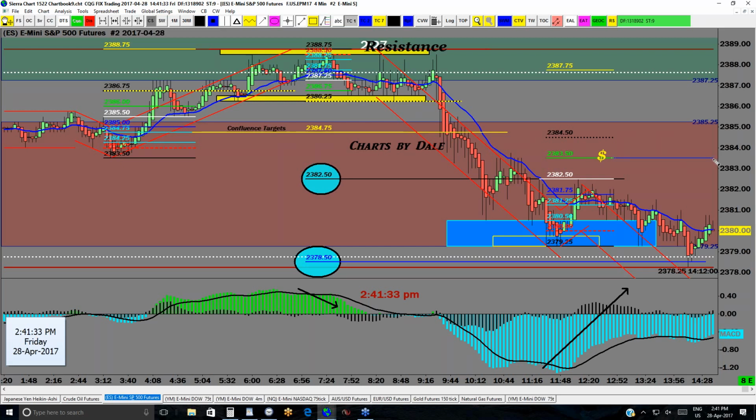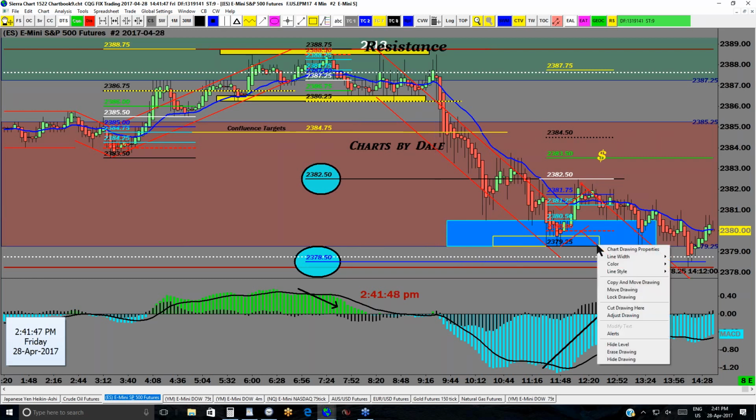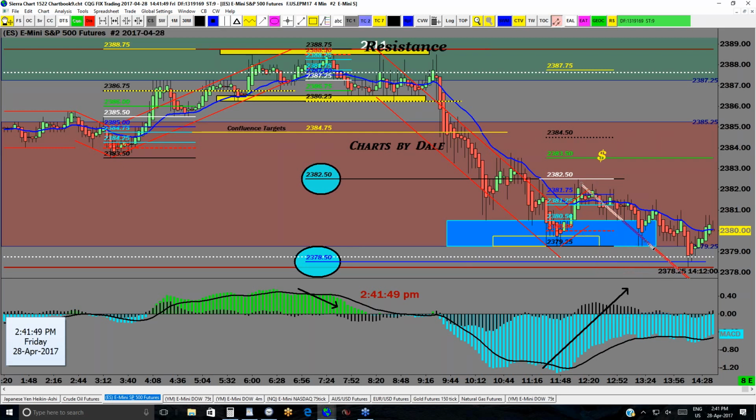Now that trade is not out of the woods and beyond. So we're looking for the support area here to extend. Let me grab this one. Whoops, wrong guy. Pardon me. Here we go. We're looking to extend that.